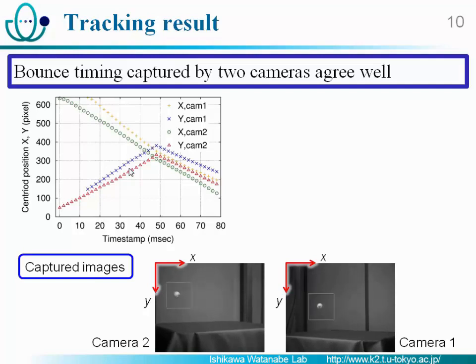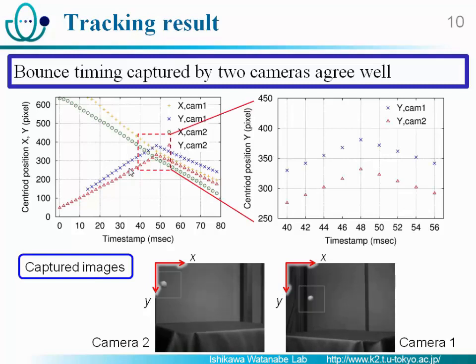And the ping pong ball bounced here, and this shows the magnified view around the bounce. The result shows that the two positions acquired by two cameras are accurately synchronized, and the bounce is observed at the same timing in both cameras. Thus, the developed system works well.